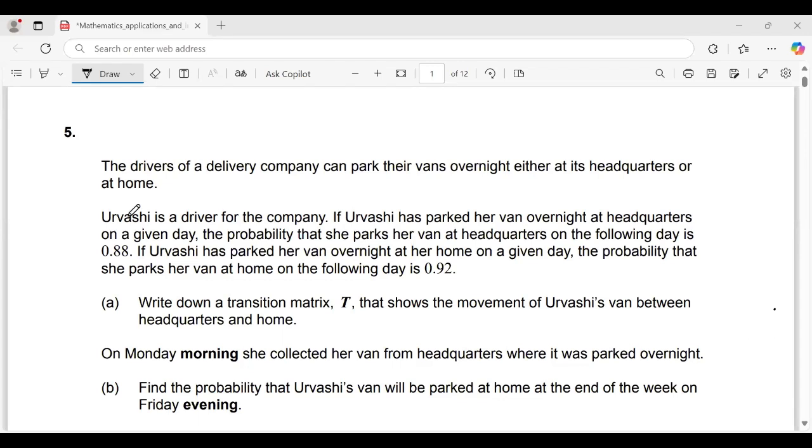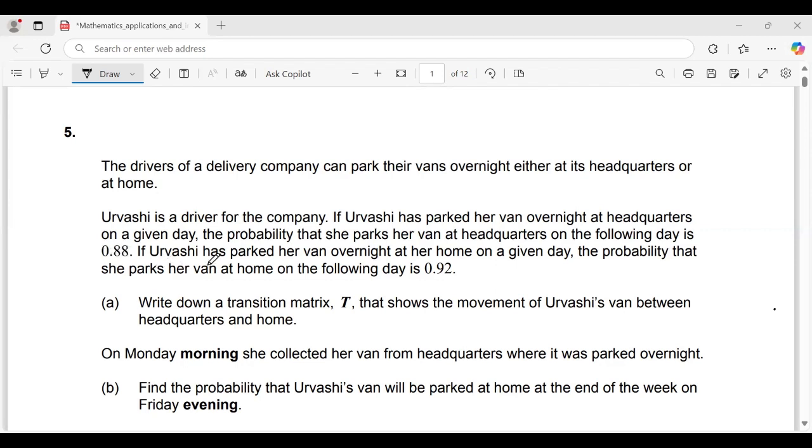Number 5. The drivers of a delivery company can park their vans overnight either at its headquarters or at home. Urvashi is a driver for the company. If Urvashi has parked her van overnight at headquarters on a given day, the probability that she parks her van at headquarters on the following day is 0.88.